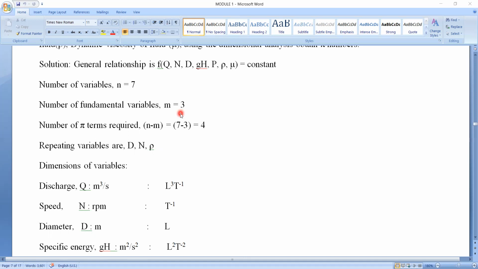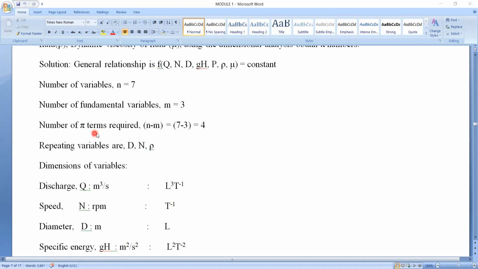For example, if the process involves thermal conductivity and entropy as variables, which are functions of temperature. But in this particular case we don't have any temperature variable, so we have to take 3 fundamental dimensions, that is m equals 3.